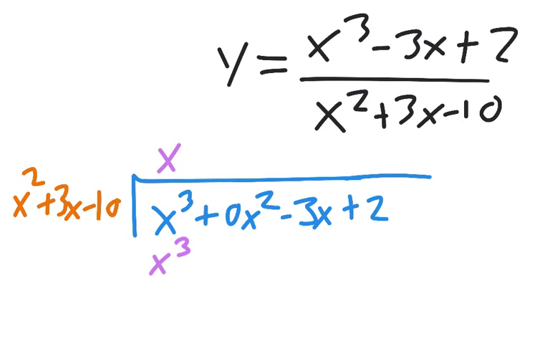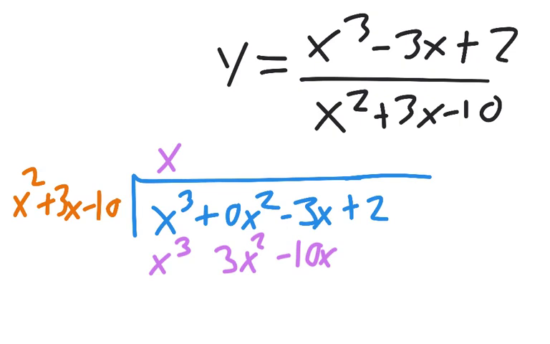But we have to distribute it to everything. X times 3x is 3x squared. X times negative 10 is negative 10x. Then what's the next thing that we did when we did division as a little kid? We subtracted.